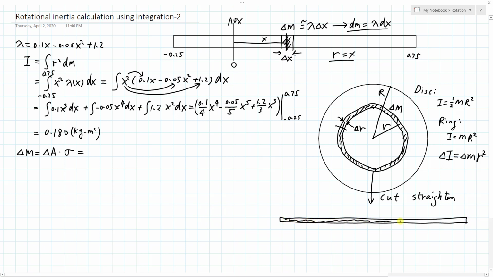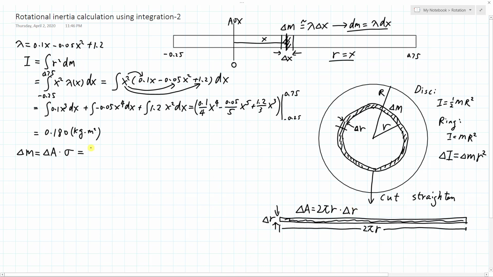So this is still that thing, and over here this length is the circumference of the circle, the ring, so 2 pi lowercase r, and this dimension is just delta r. So delta area is 2 pi r delta r.